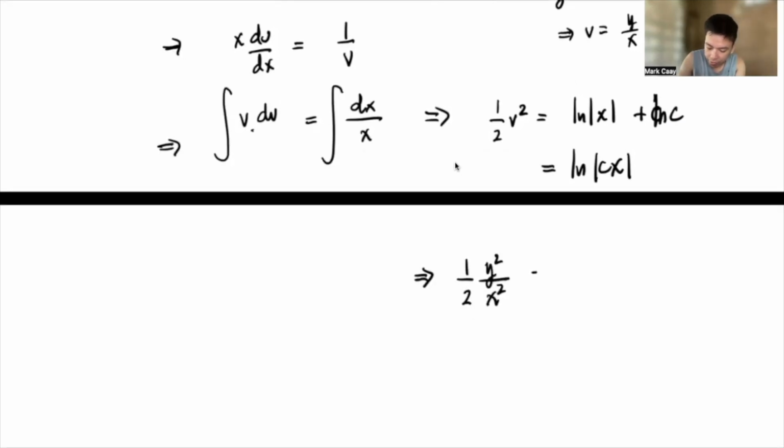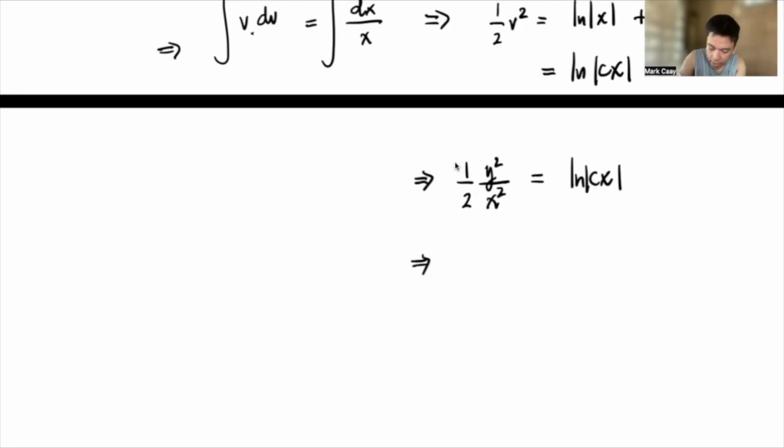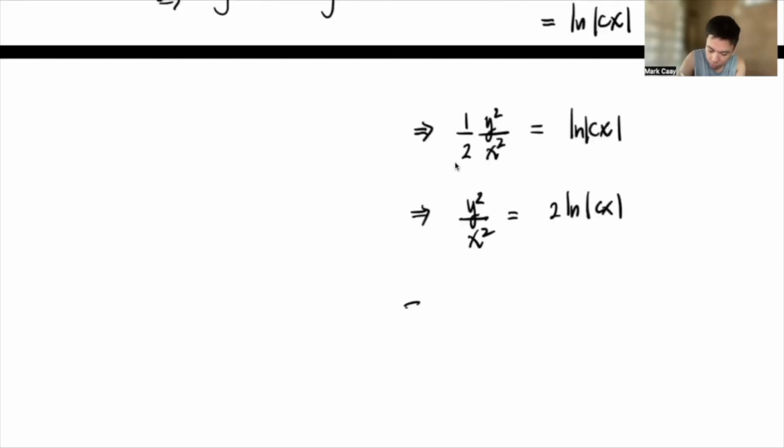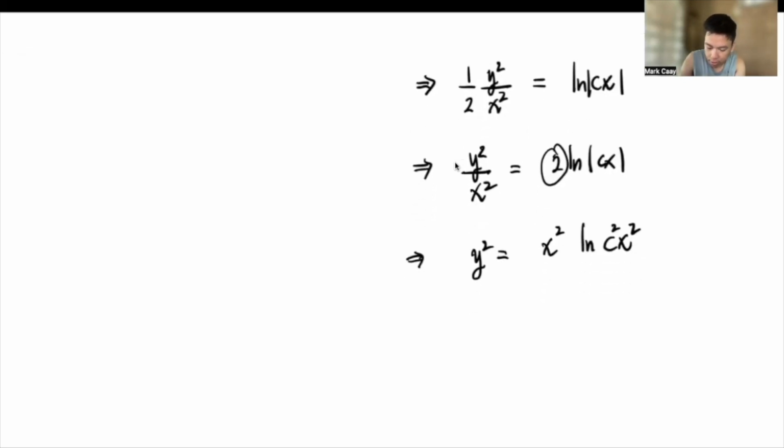And so this becomes ln of cx. Yan. Or basically, that's y squared over x squared, this is 2 ln of cx. So kayo nang bahala. This becomes y squared, this is x squared ln of c squared x squared. Kasi di ba magiging exponent yan eh.